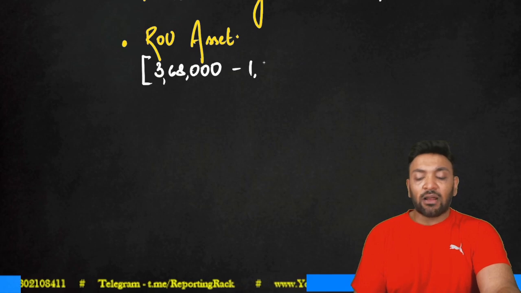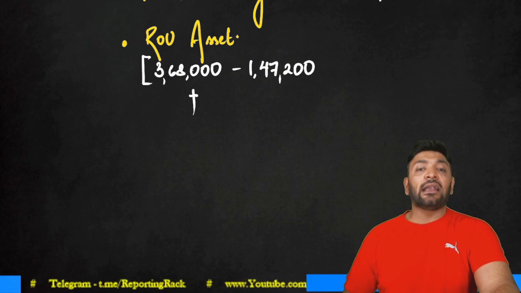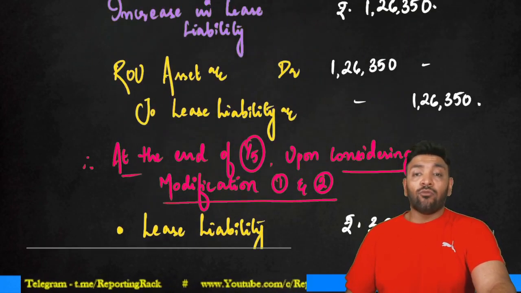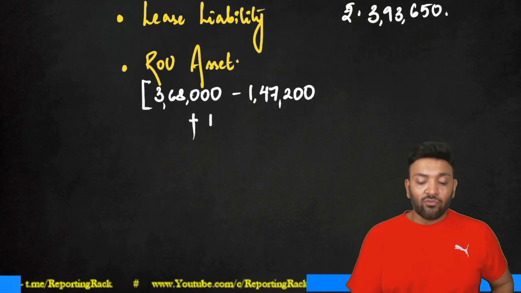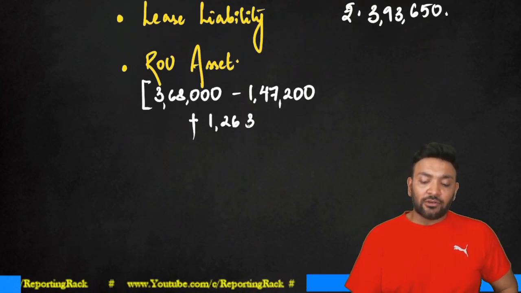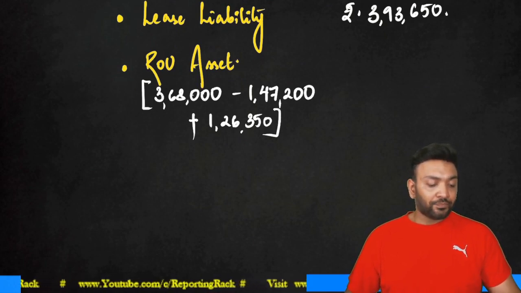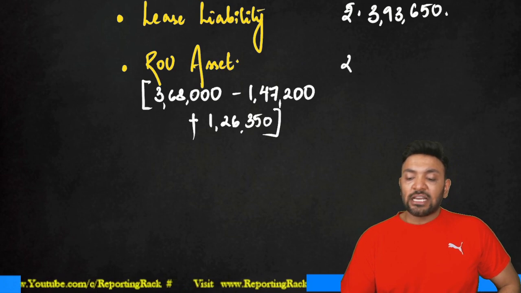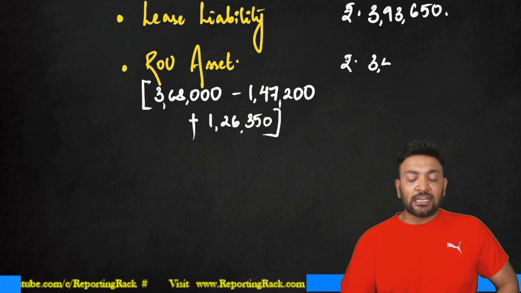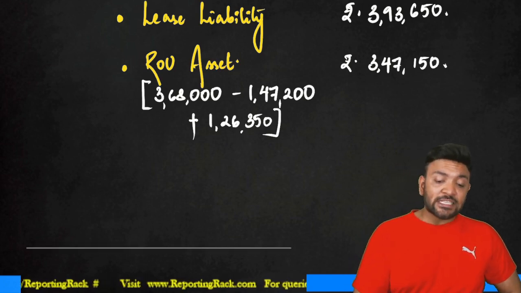This was reduced by 1,47,200. But now it got added. What is the addition? 1,26,350. So the ROU asset now value is 3,47,150.